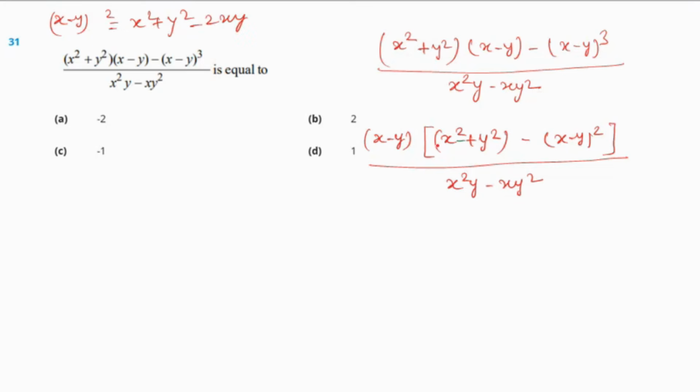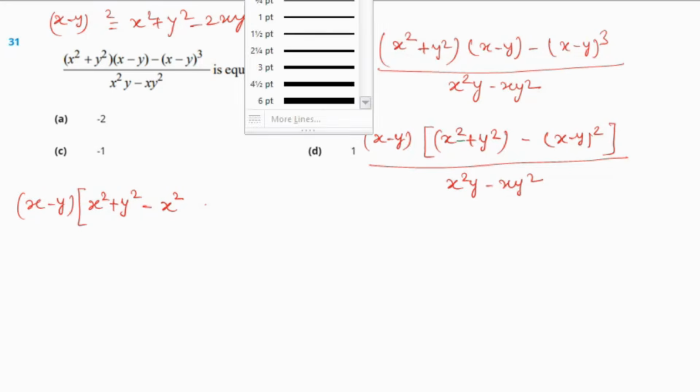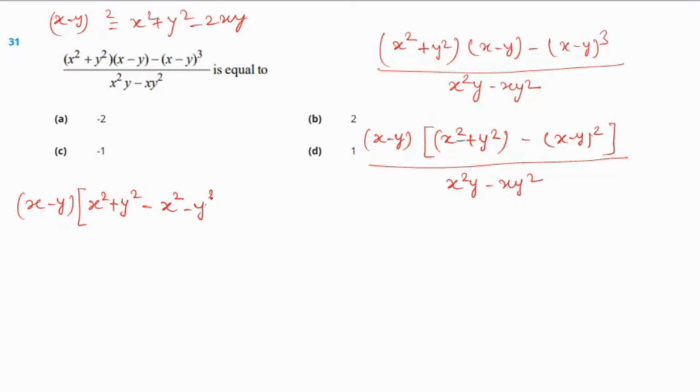So we will replace this over here. Here we are going to get x minus y, and then we will be getting x square plus y square minus x square, plus y square becomes minus y square, plus 2xy.